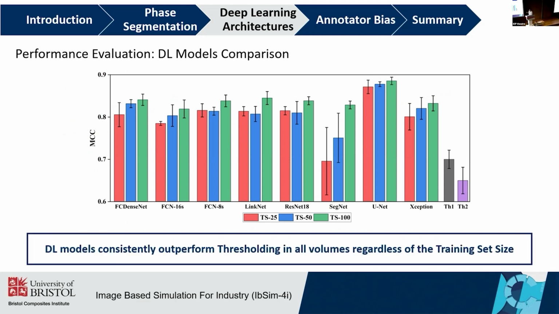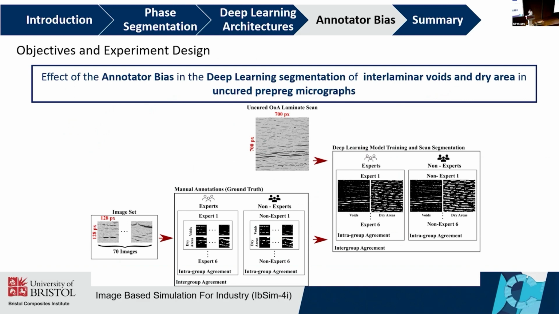So now, the last bit of this presentation is how the annotator bias actually influences the deep learning model performance. What I mean by annotator bias is that in order to train a model, you have to define the ground truths. So we gave the train set images to a range of people, and asked them to generate the ground truths, manually drawing where the dry areas and voids are, do the same segmentations, and then evaluate the results.